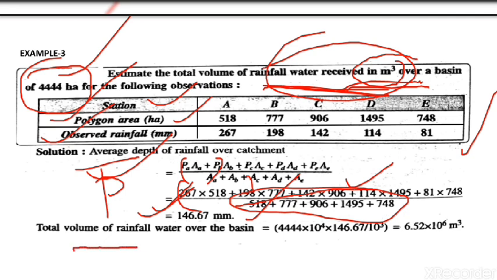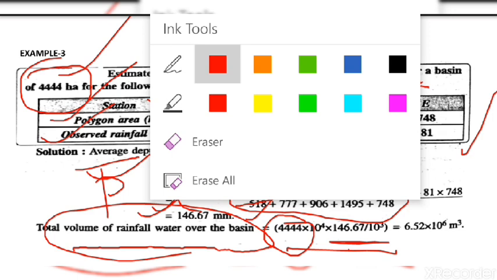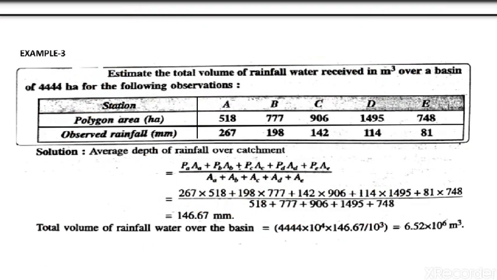Therefore the rainfall volume over the basin is the area of the basin times the mean rainfall. Now the area of the basin is given as 4444 ha. Ha means hectare, so we have to convert it into square meters because we have to find the answer in cubic meters.